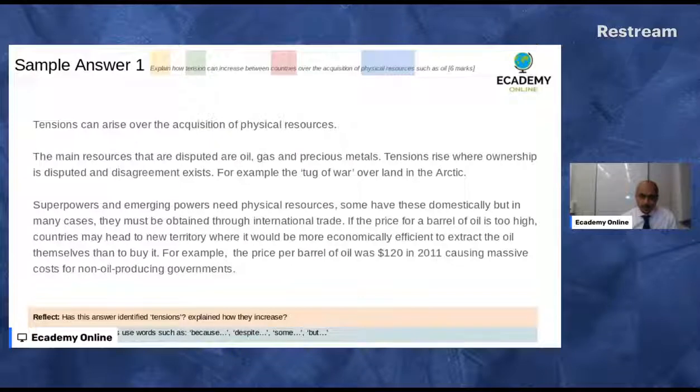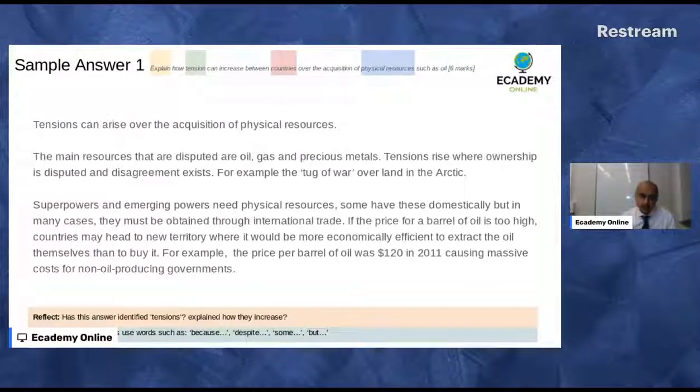For example, the price per barrel of oil was $120 in 2011, causing massive costs for non-oil-producing governments. Okay. Now, the first line in the third paragraph makes a valid point, which is then elaborated with a second example, and then tries to tie it in with a further elaborated example.